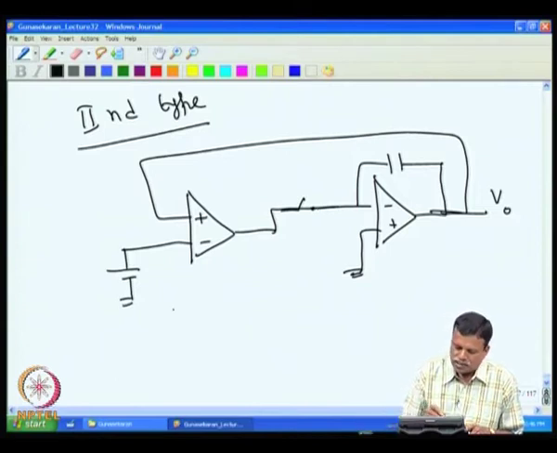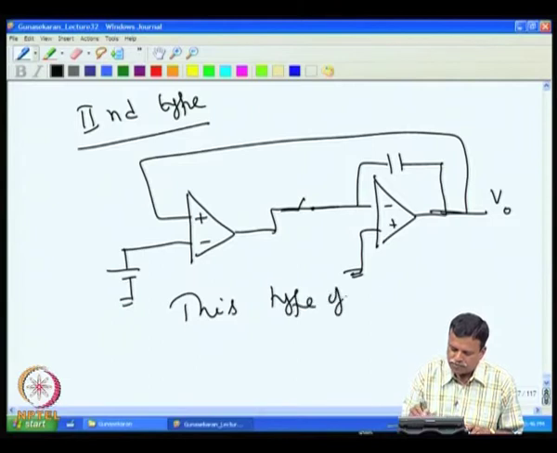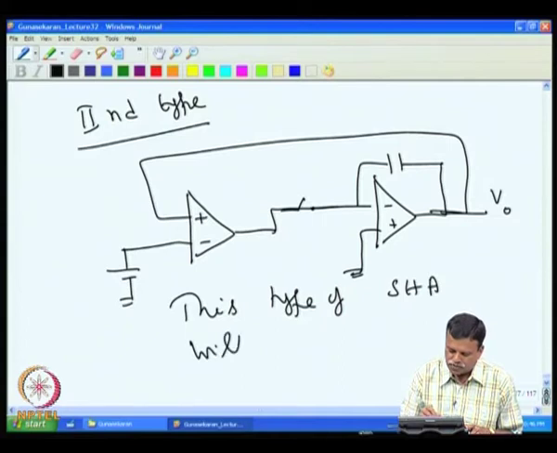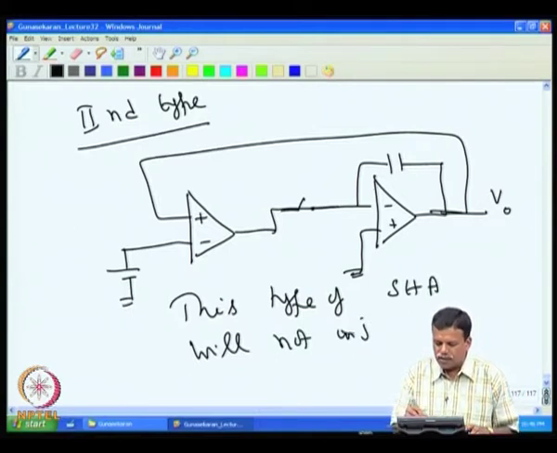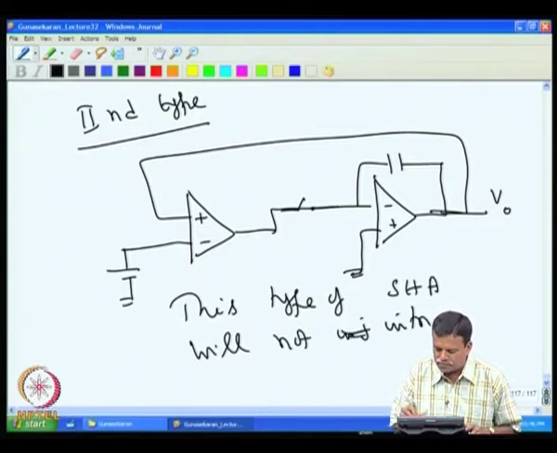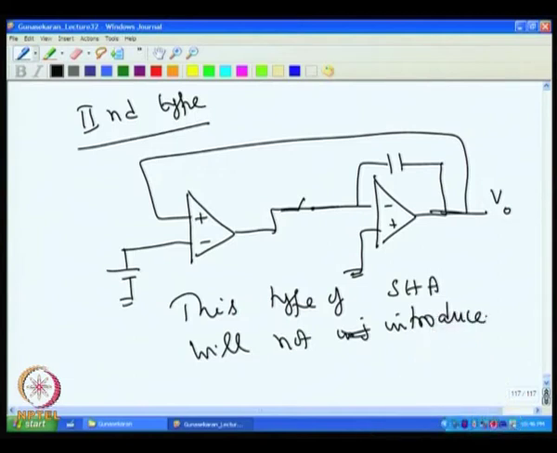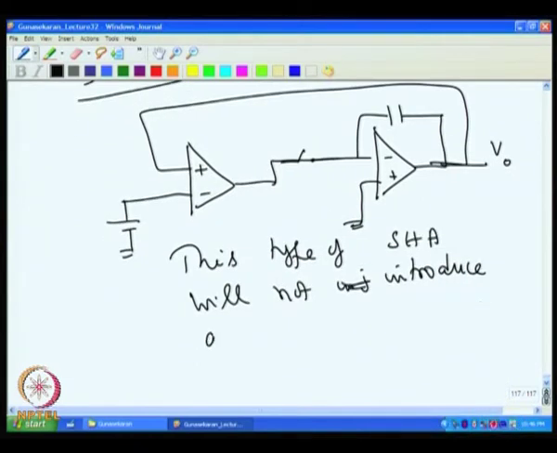So, this type of SHA is popular. This SHA will not introduce additional charge to the capacitor.